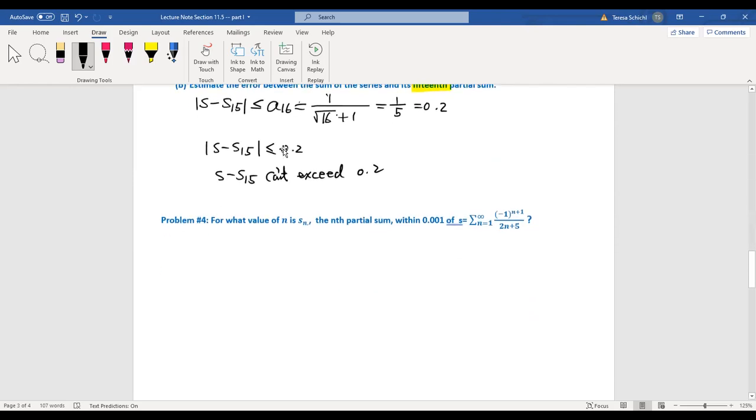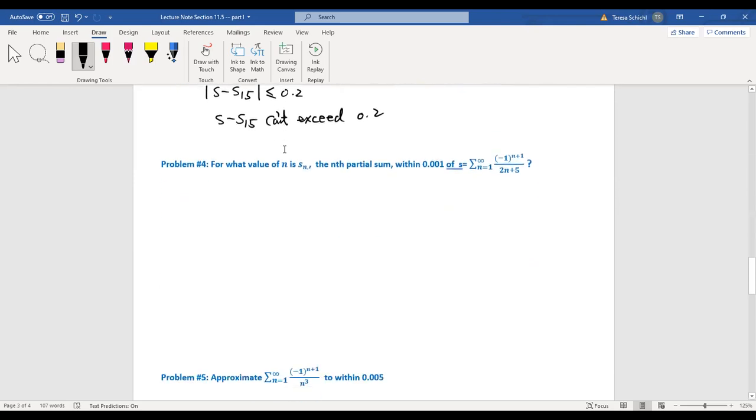For what value of n, if I want to find the partial sum, is the partial sum within 0.001 of this series? And we know, by the alternating series test, this is a convergent series, right? Because first you have (-1)^(n+1), then a_n is equal to 1 over 2n plus 5.